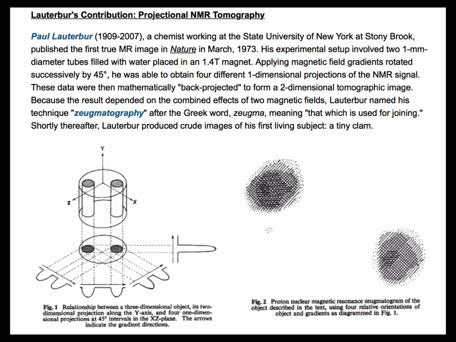And essentially, Lauterbur's contribution, this is just taken right out of a webpage, but it really nicely summarizes things. Now, Lauterbur's contribution was something called zeugmatography. He named it that, in which if you have a rotating gradient, it was a very crude, but it worked, way of doing spatial encoding of images, going from a spectrum to spatial encoding using magnetic field gradients.